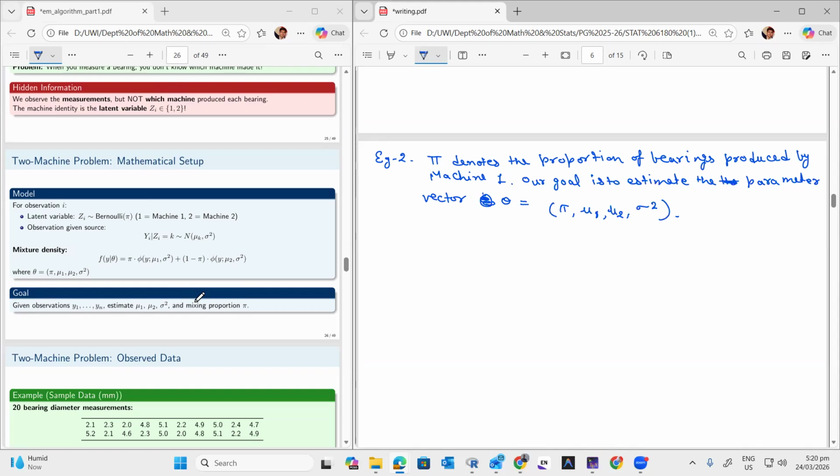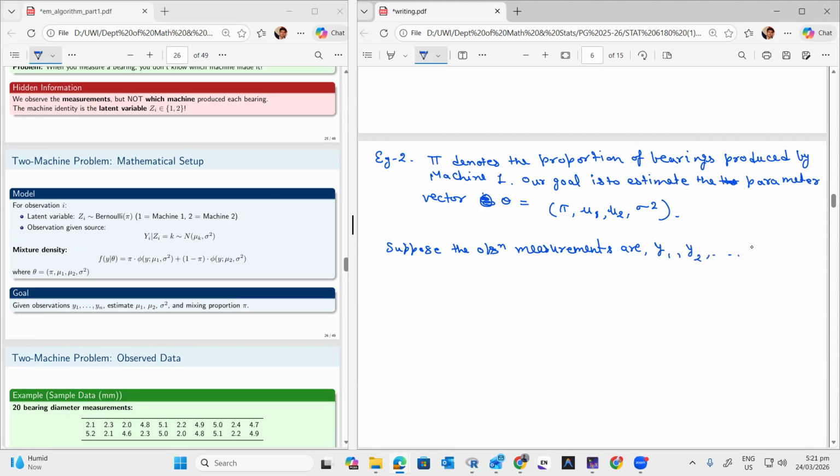So here suppose that the observed measurements of the bearing's diameter are y1, y2 up to yn.